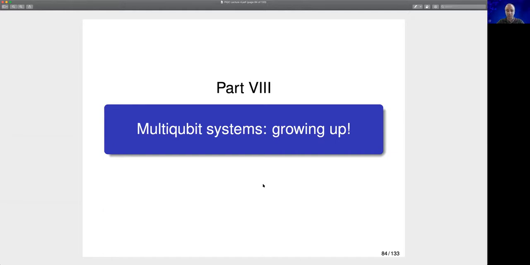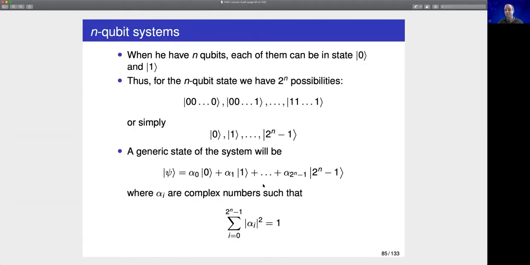Okay, so this is what we are going to start studying today and in the rest of the lectures of the course. And in fact, you may think that, well, this is going to be much more complicated than what we have studied so far. But in fact, this is just a simple generalization of what we have been doing.